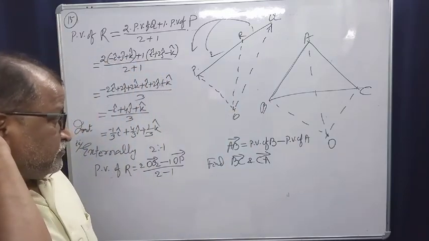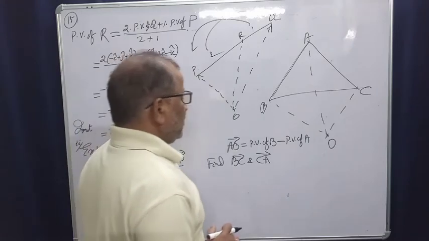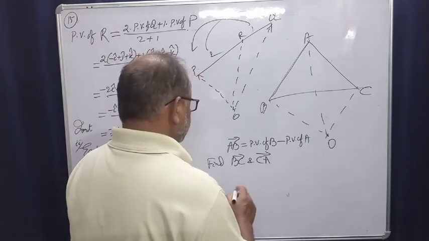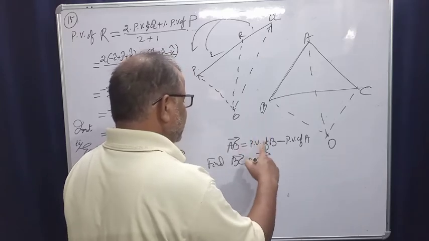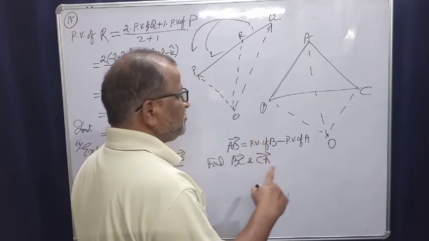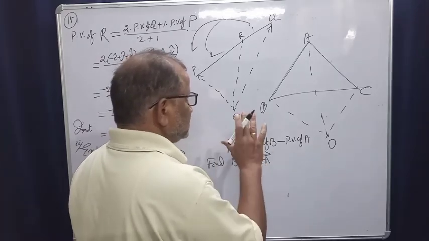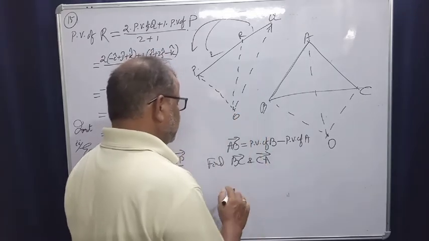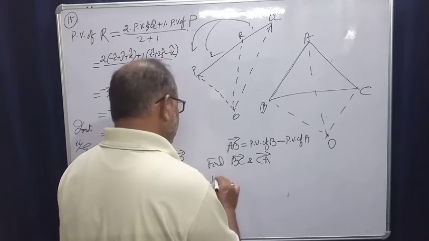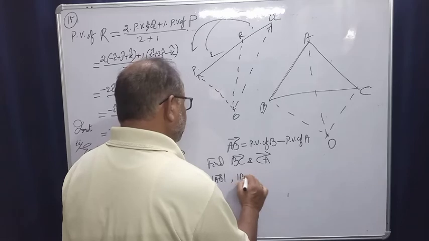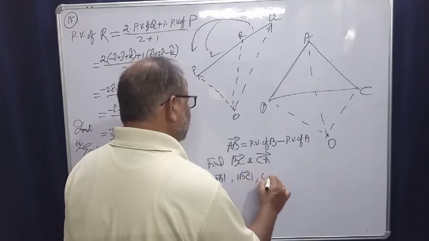Now, what will happen? Since it is a triangle ABC, find the magnitudes of AB, BC, CA.